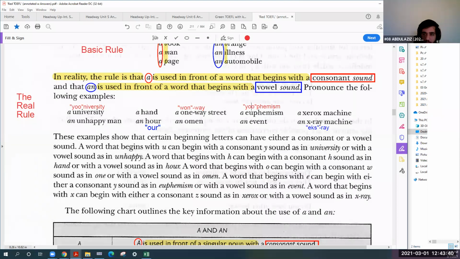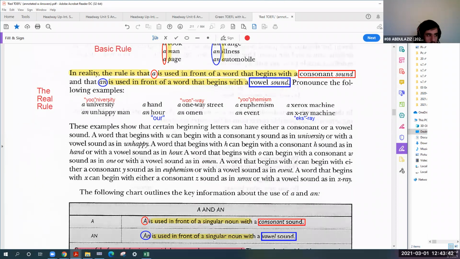E-U-R-O. It begins with an E, right? So what do you call the people in Italy and France? European. That's right.